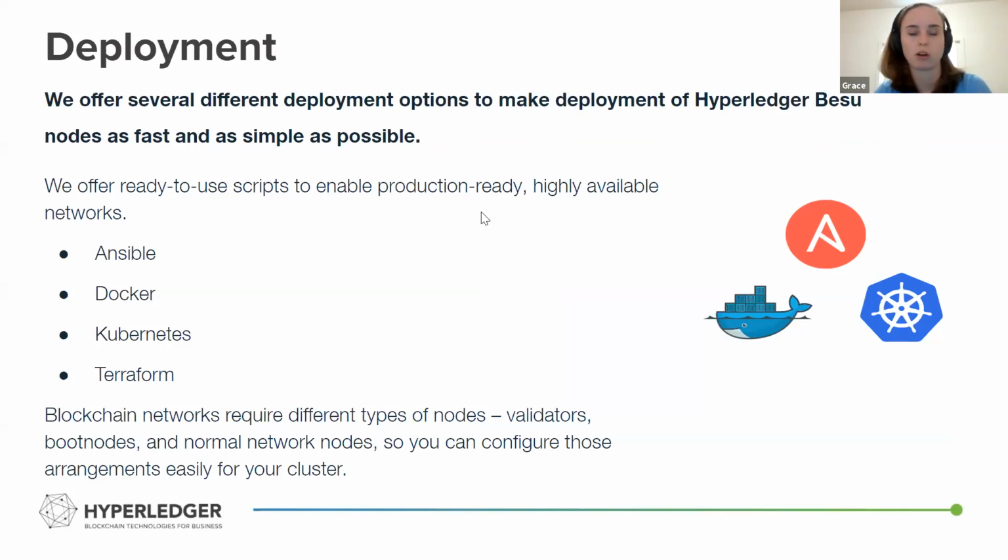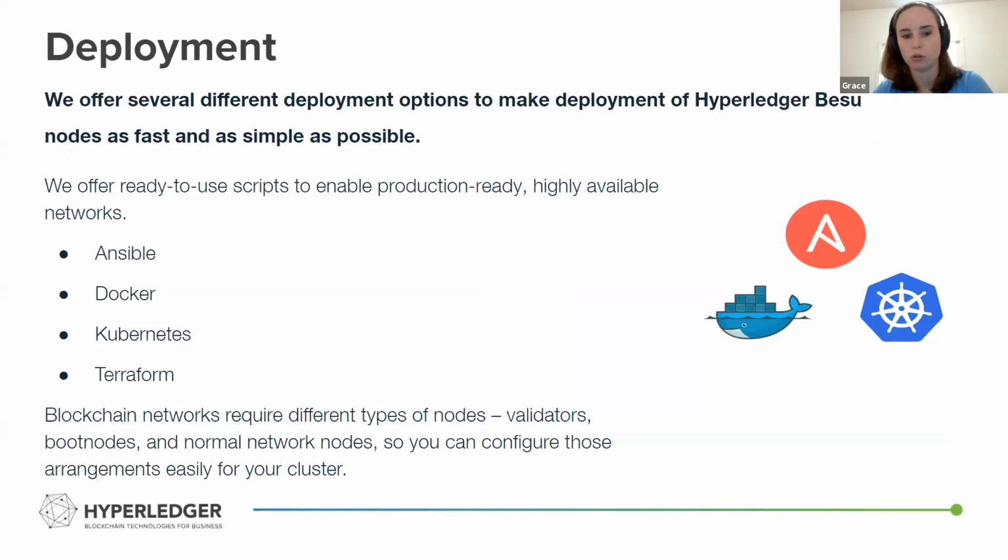Then deployment. We offer a bunch of different deployment options to make it hopefully as fast and simple as possible. If you're looking for different ways to deploy, they're on GitHub with ready-to-use scripts to enable production-ready and highly available networks.